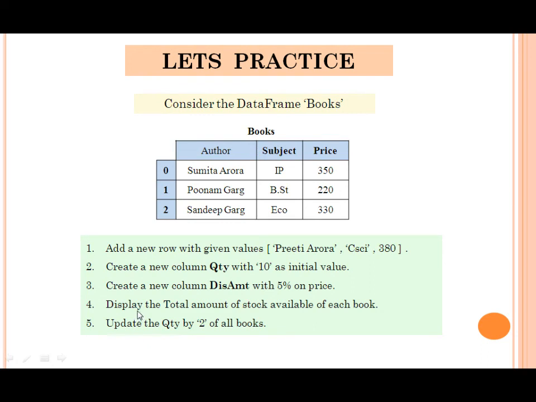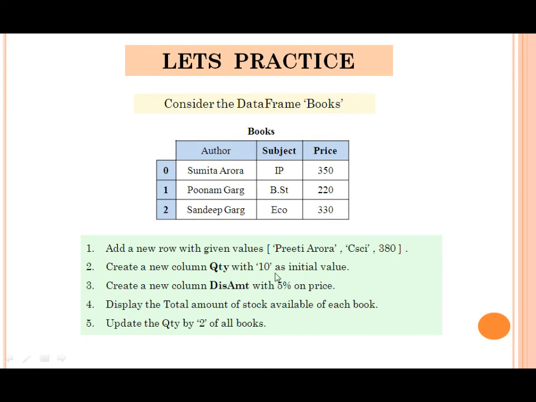After that, display, not create. Clear? Display the total amount of stock available of each book. Children, how can you get the total amount of the stock available of each book? When you add the column quantity here, then Sumita Arora's total amount of stock is 350 into 10. This is how you find the total amount of stock.